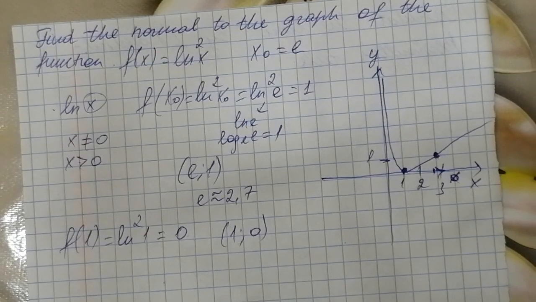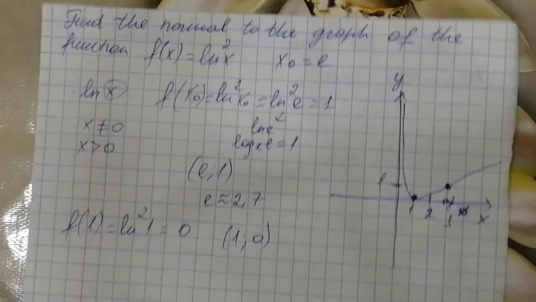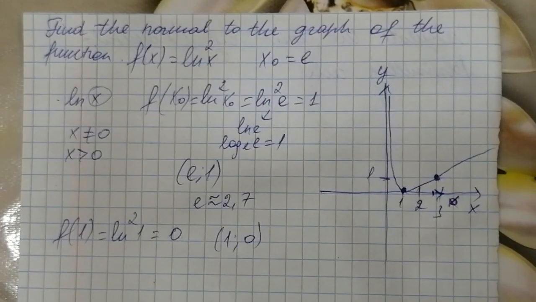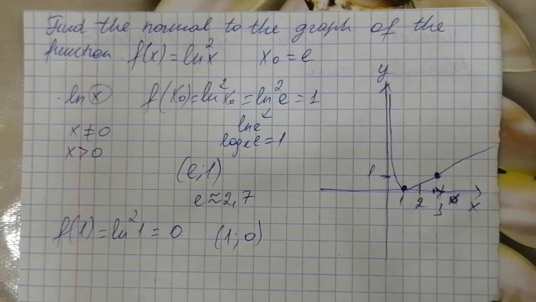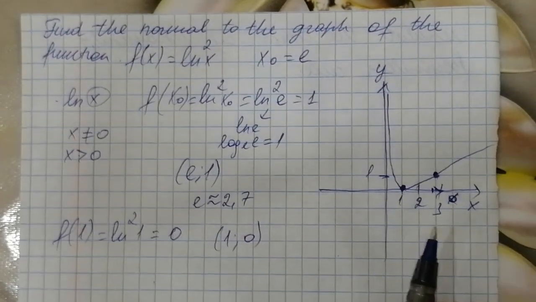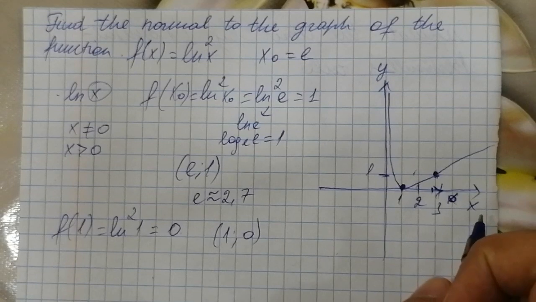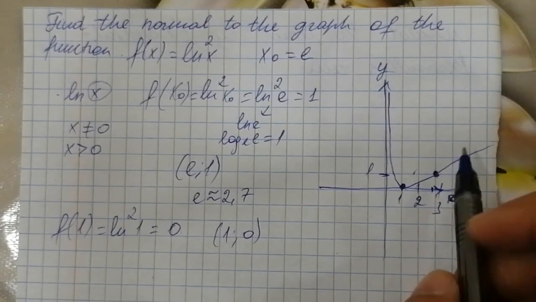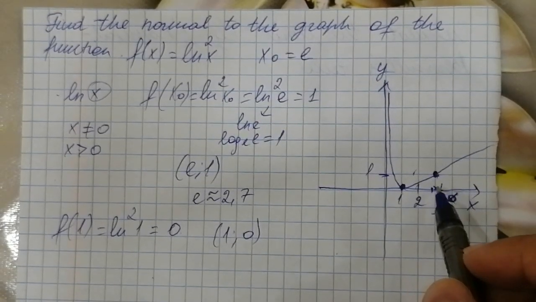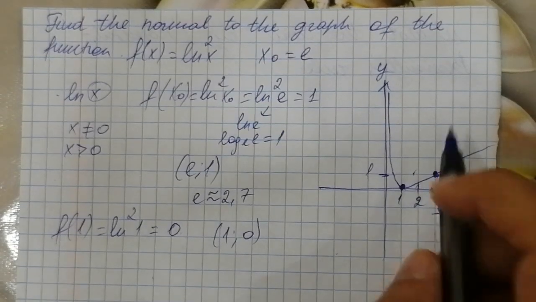Now since we found it, I can start to explain the normal to the graph of the function. What is the normal to the graph of a function? In order to understand it, firstly we have to know what the tangent line is, because they are related to each other. A tangent line is the straight line to a plane curve at a given point, which touches it at that point.